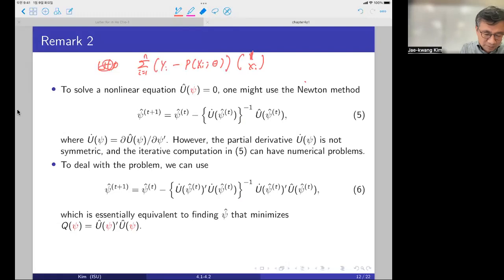Sometimes, in non-ignorable non-response, you have xi, ci.